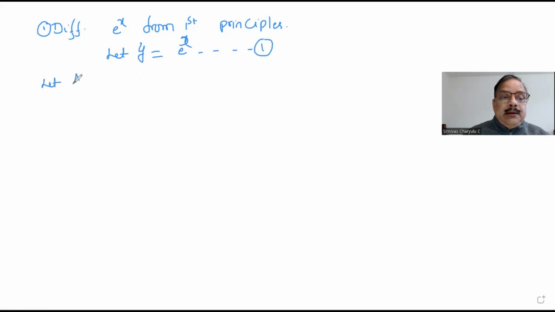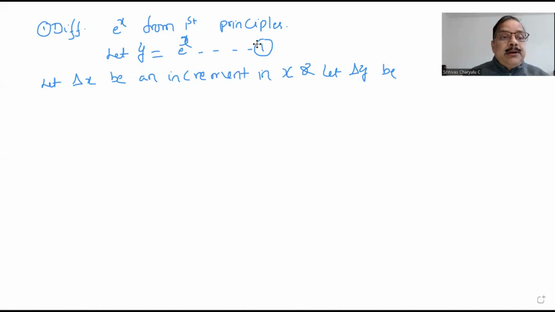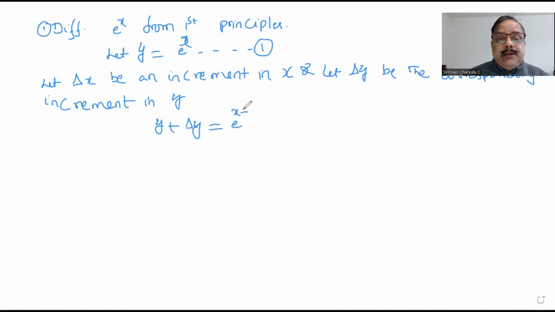Let delta x be an increment in x, and let delta y be the corresponding increment in y. Same like previous only. We have not changed anything. So y plus delta y is equal to e to the power of x plus delta x.